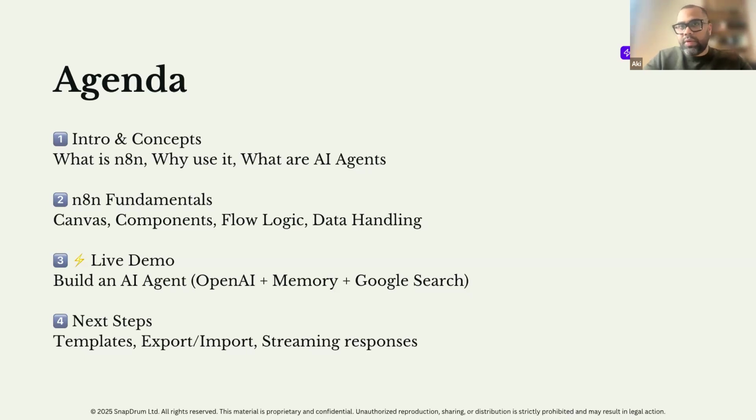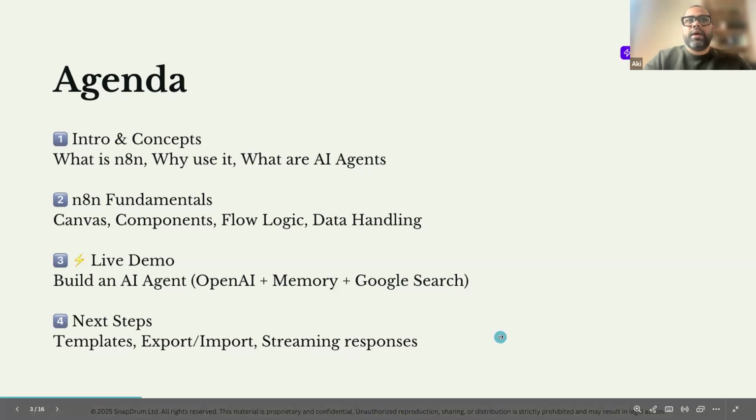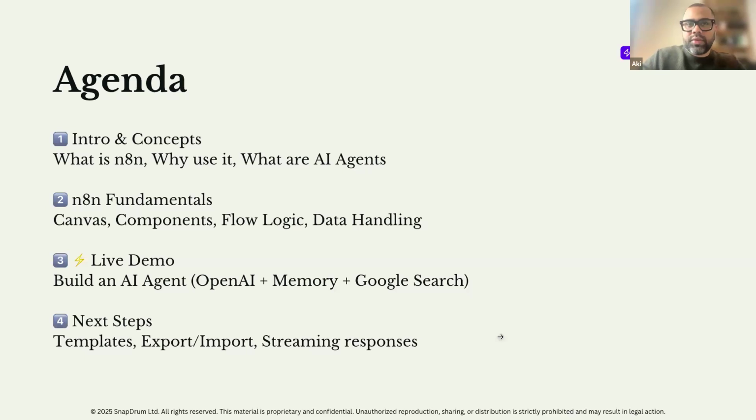Things about export and import features, and also streaming responses, where you can have a natural chat interaction. If you're building a chat agent, you can have this streaming experience very easily. Yeah, so that's the overall process for today's conversation. And as always, feel free to ask questions as we go.